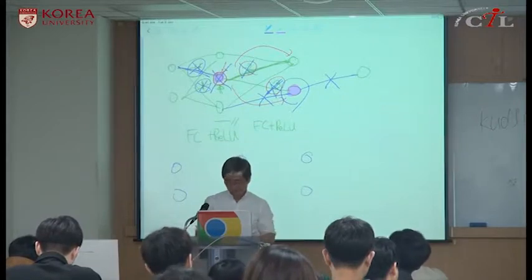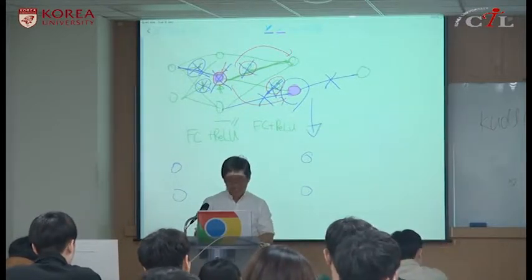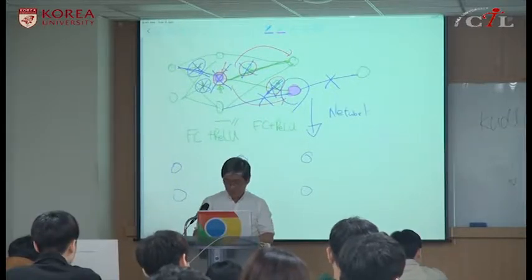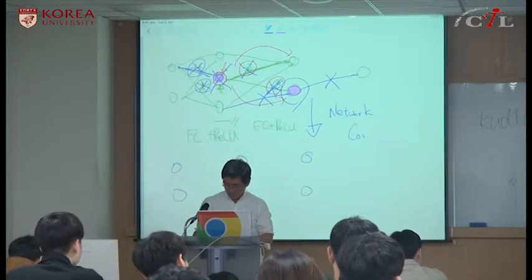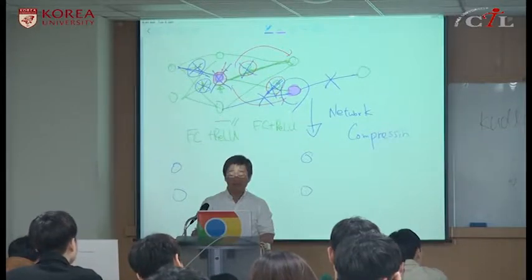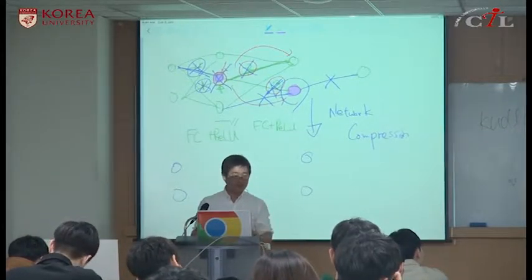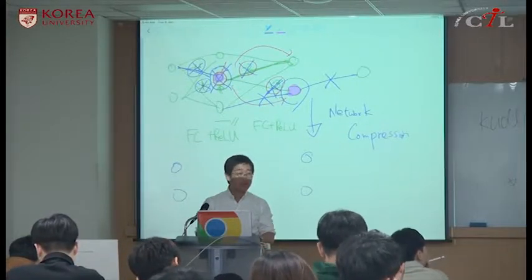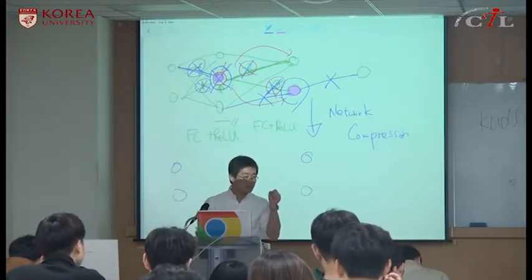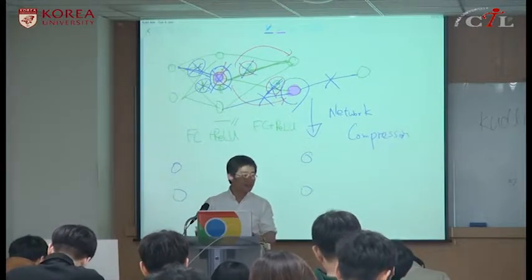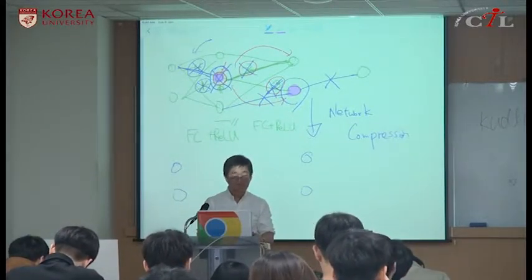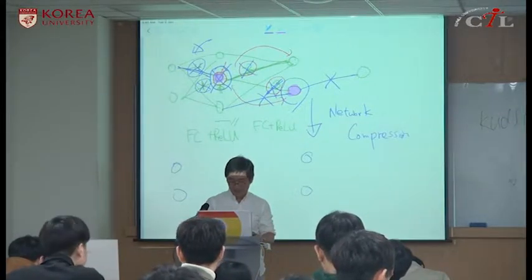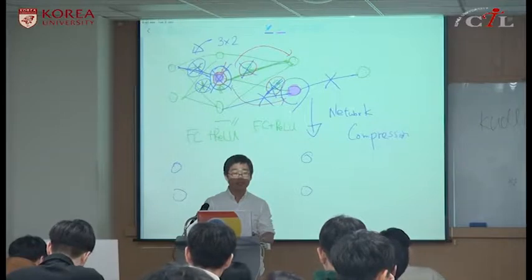So this kind of technique is also used in something called neural net compression. It is not that important. So in this case, if we keep this dead ReLU node in our network as it is, we still have to maintain the weight of this layer as a 3 by 2 matrix, right?